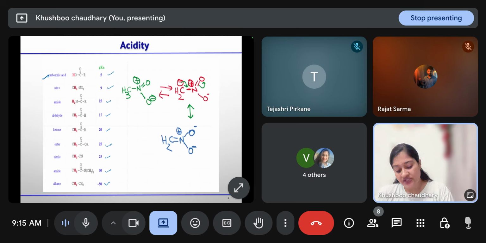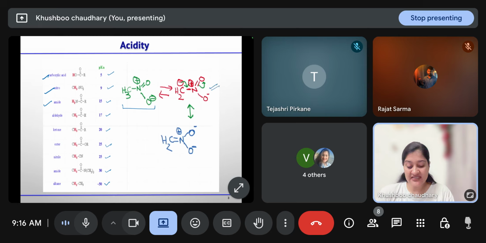For example, in carboxylic acid, nitro group or amides, on deprotonation, as in nitromethane, if one proton of CH3 is lost, the negative charge formed on the conjugate base is stabilized by conjugation with the nitro group.